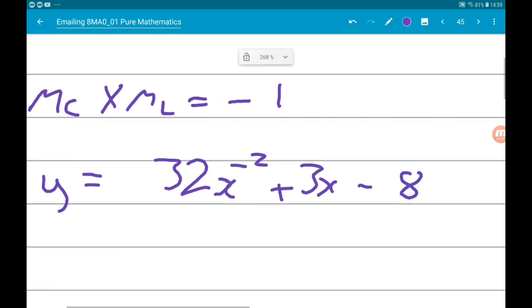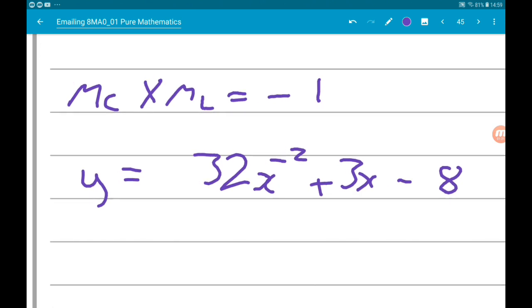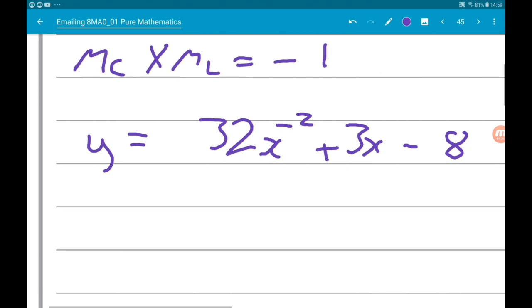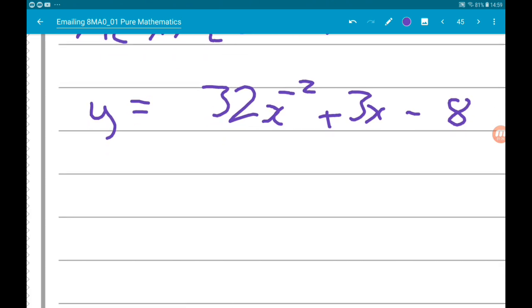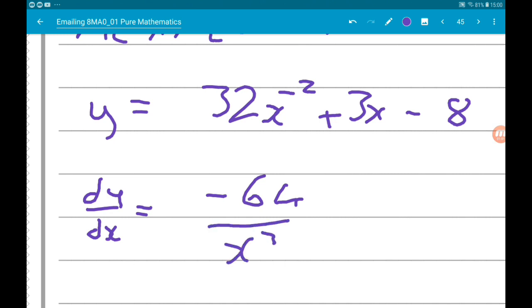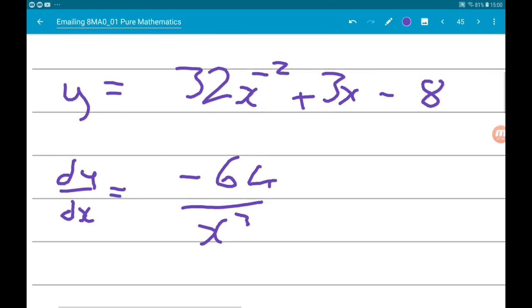The gradient of the curve is given by the derivative, so we need to differentiate this. dy by dx: the power of minus 2 comes down and multiplies 32, so we get minus 64, and the power of x goes down to minus 3. So that's minus 64 over x cubed. 3x differentiates to 3, and the minus 8 disappears.